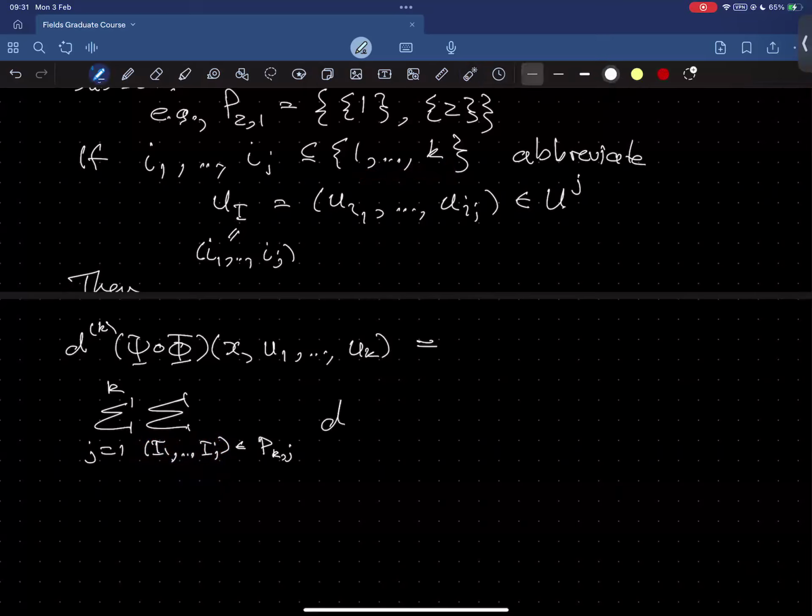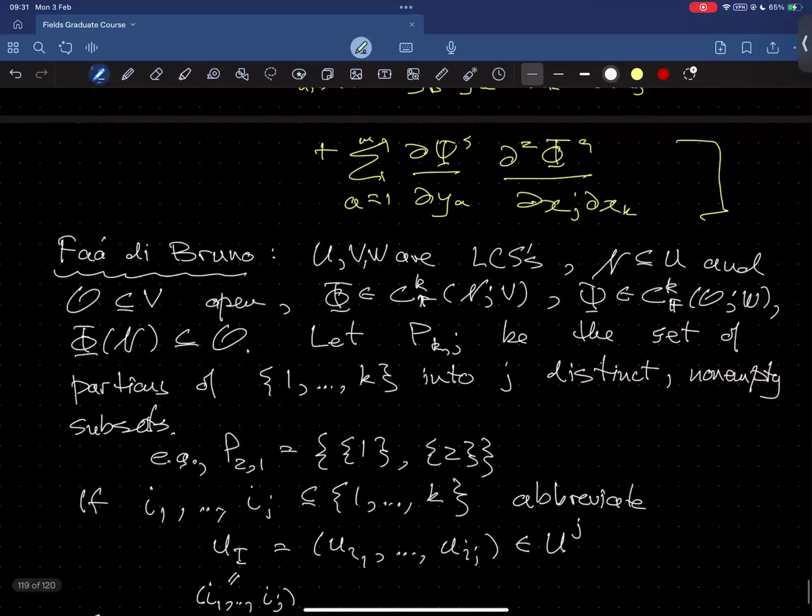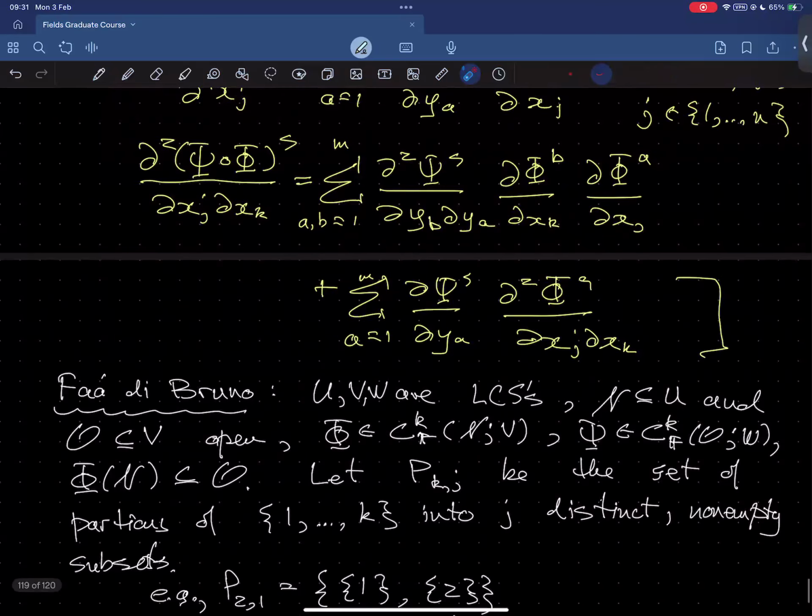So you get D^j psi evaluated at phi(x). Again, that corresponds in our simple calculations up here to these terms. Then we're going to give arguments of D^j psi, and these arguments are going to be various kinds of derivatives of D phi.